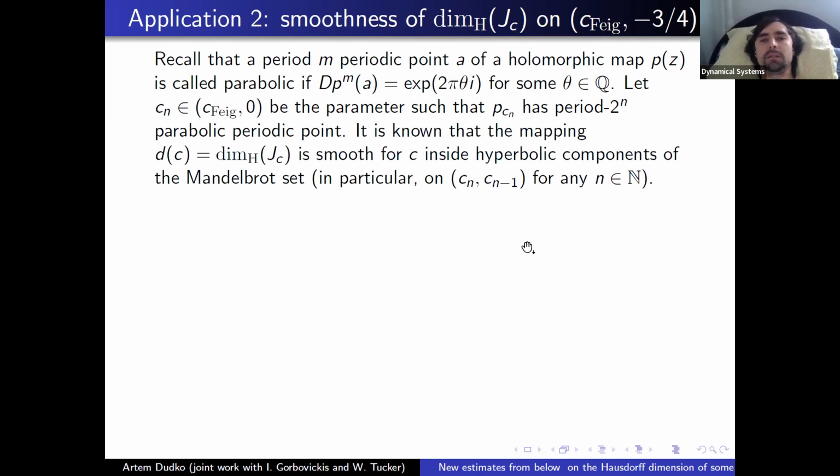And it is known that the mapping d(c), equal to the Hausdorff dimension of the Julia set J_c for real c, is smooth when c is inside hyperbolic components of the Mandelbrot set, in particular between two consecutive parabolic parameters.